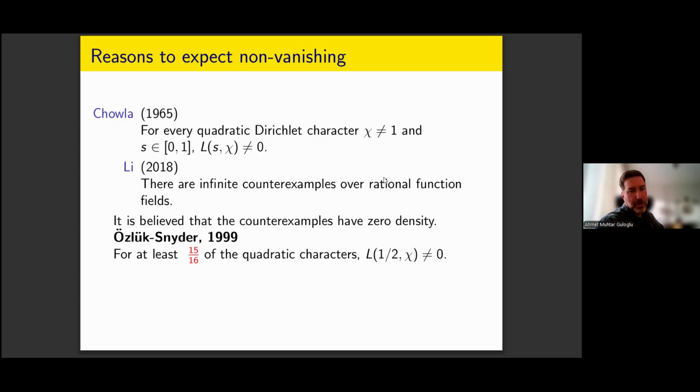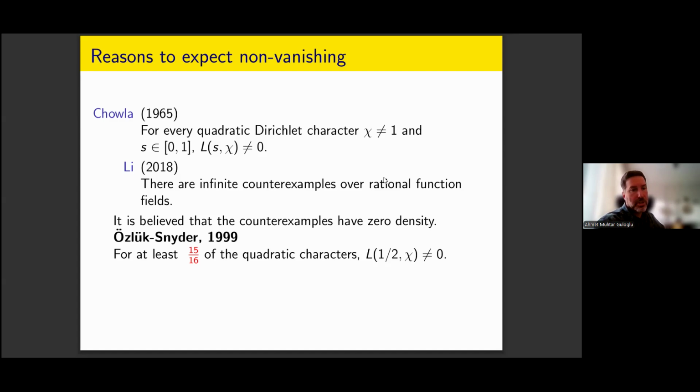On the other hand, we have positive results due to Özlük and Snyder, which says that almost 94% of these characters are not going to vanish. Of course, this result assumes the generalized Riemann hypothesis, that the zeros are already on 1/2.